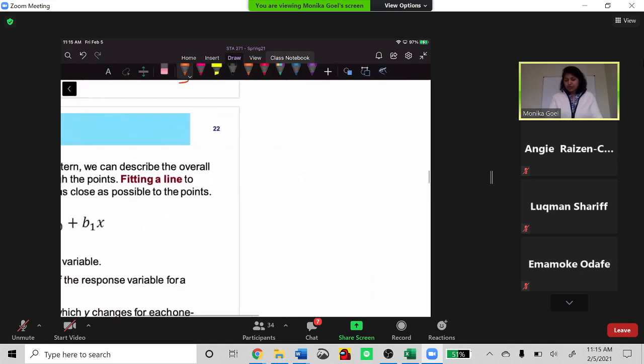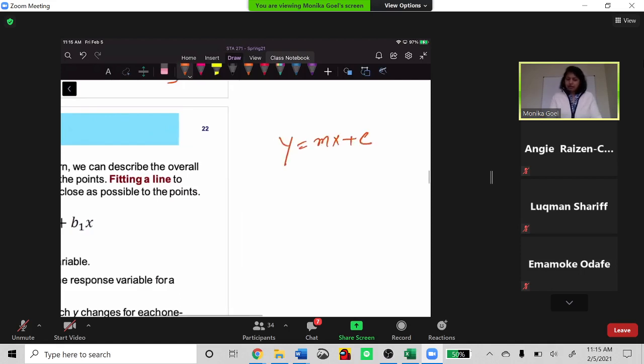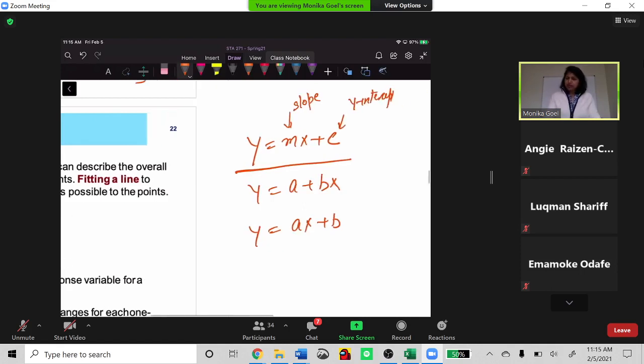So in your previous courses, middle school, high school, or other courses, we learned about the equation of the line, right? So we are using the same concept. When we say equation of the line, we say y equals mx plus c, where m is your slope and c is your y-intercept, the value when your x is 0, right?